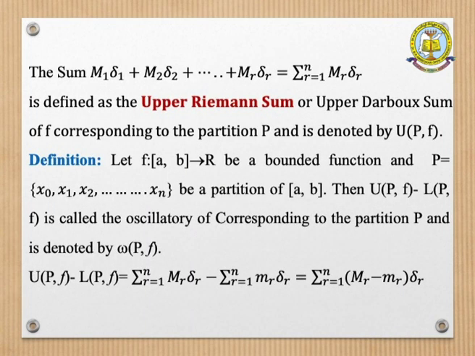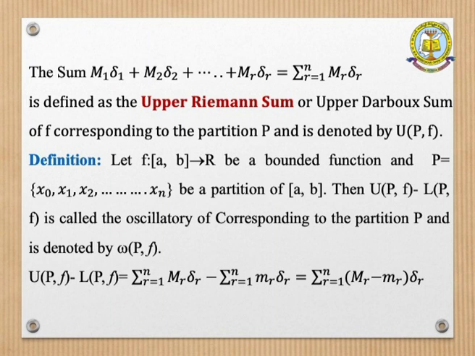Now, after defining L(P, f) and U(P, f), U(P, f) is the upper Riemann sum, L(P, f) is the lower Riemann sum. Now, here we define the oscillatory sum. The oscillatory sum corresponding to the partition P is denoted by omega(P, f), which is nothing but U(P, f) minus L(P, f).